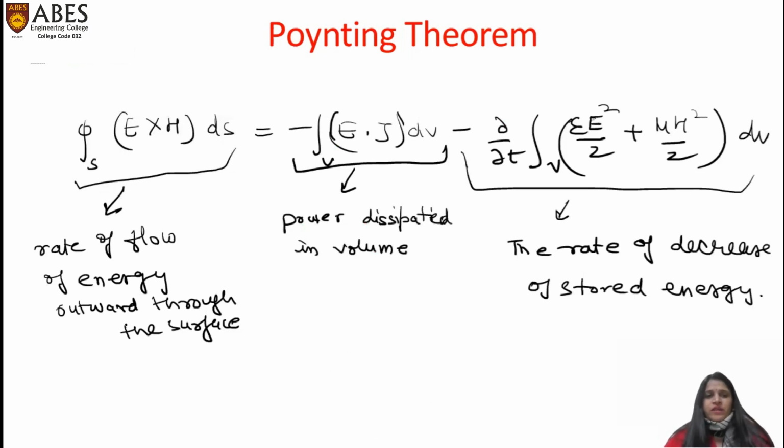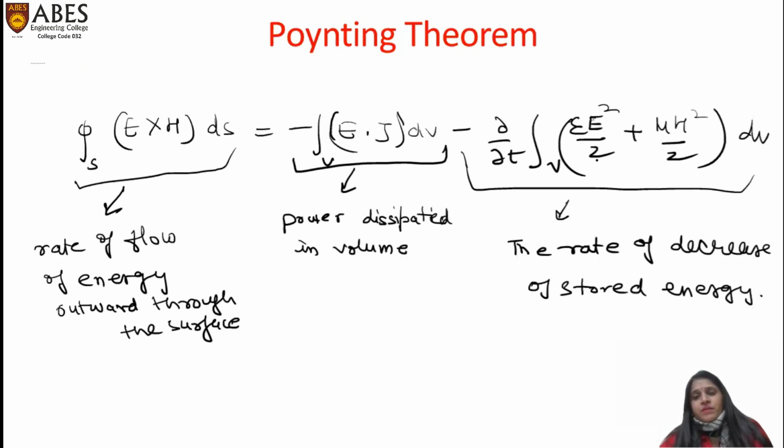So you can see the rate of flow of energy is also shown in this theorem. The power dissipation when the EM waves are traveling: the E dot J dV represents the power dissipation, and minus del by del T represents the rate at which the stored energy is decreasing. Epsilon E square by 2 represents energy density due to electric field, mu H square by 2 represents energy density due to magnetic field.